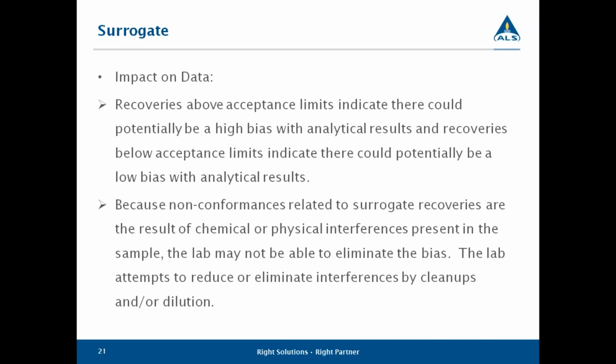Now, these nonconformities related to surrogate recoveries are the result of chemical or physical interferences present in the sample. Your laboratory might not be able to eliminate the bias. The lab will often attempt to eliminate the interferences by doing additional cleanups if allowed by the method, or by dilution.